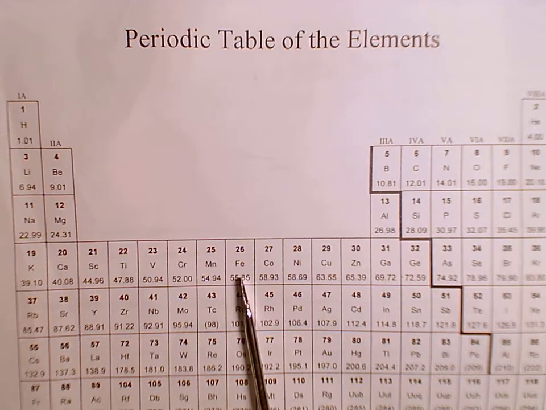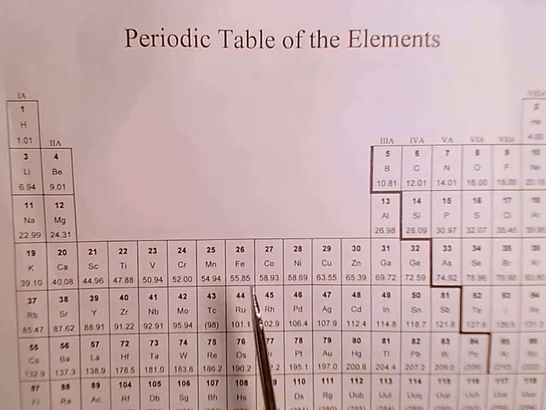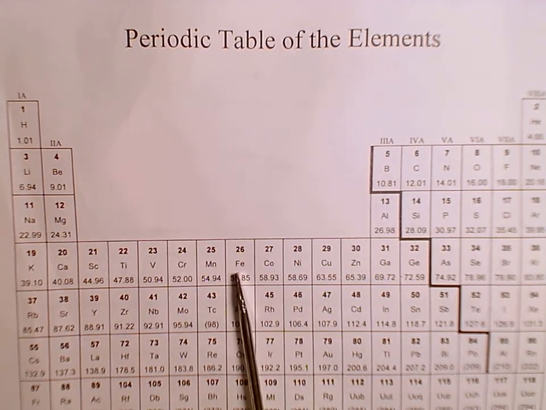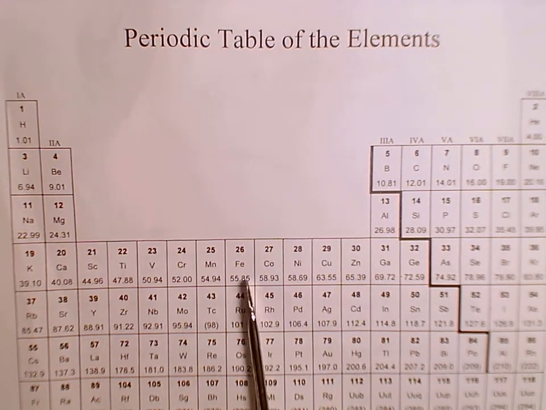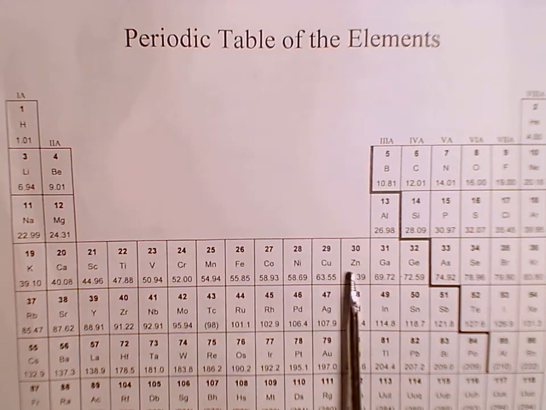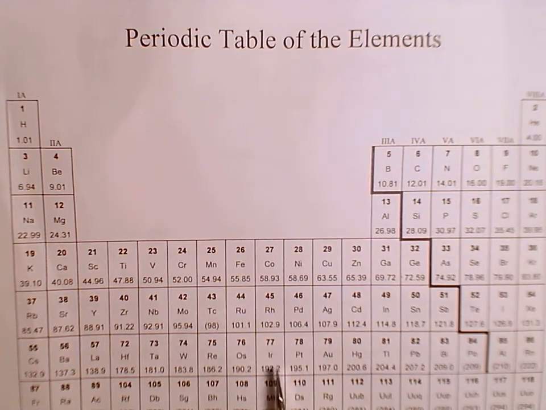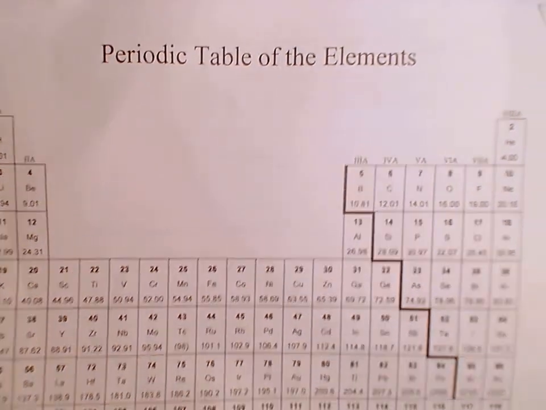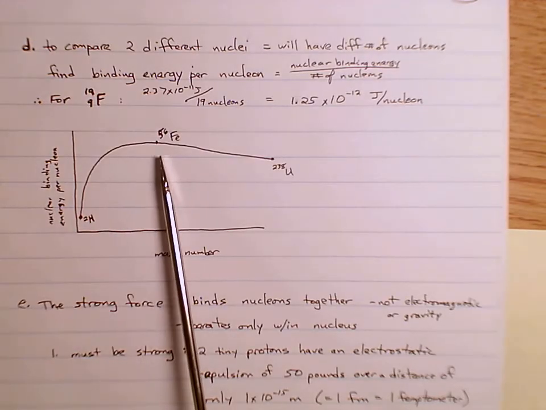And the iron 56 nucleus is the most stable nucleus of any element, which means once we get to cobalt and nickel, these nuclei are a little bit less stable than iron. And the further we go down, the less and less stable the nuclei become. Iron is the most stable nucleus.